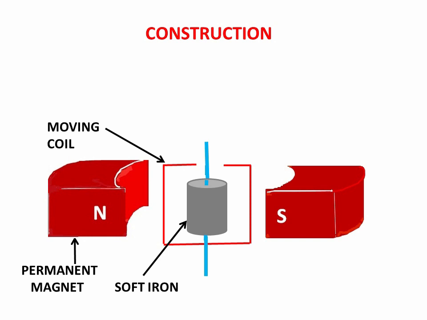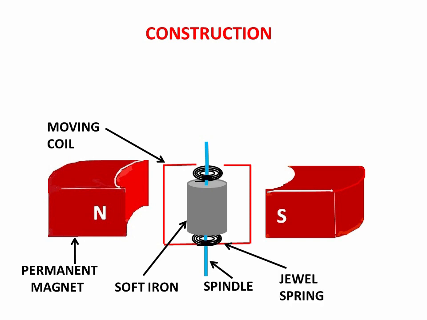Next, a spindle is running through the center of soft iron. A jewel spring is attached on the bottom side and also the top side of that soft iron, which is used to control the torque. The pointer is fixed at the junction of moving coil and spindle.